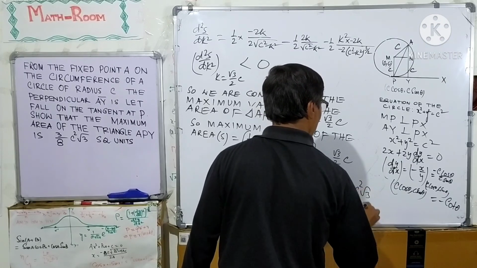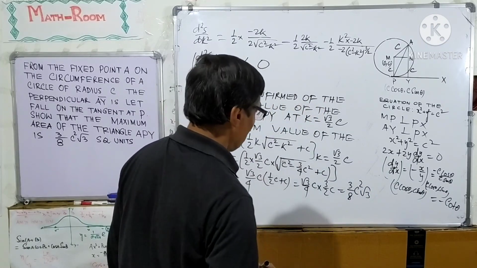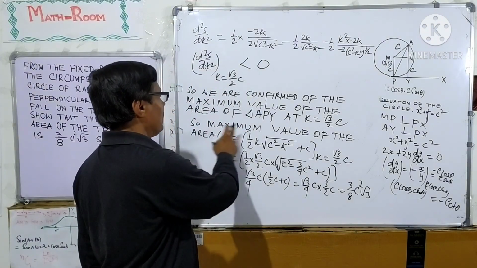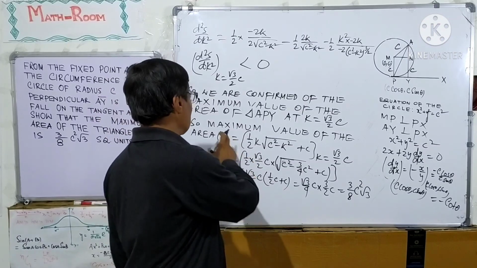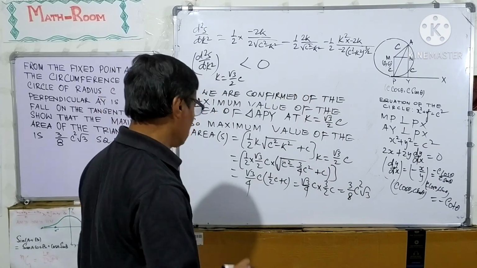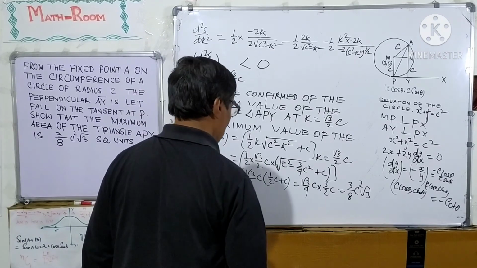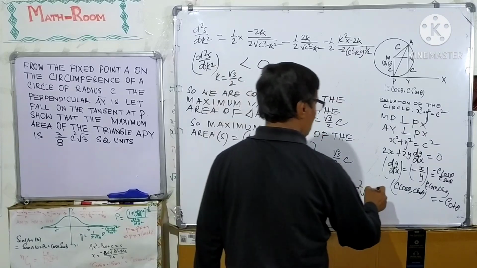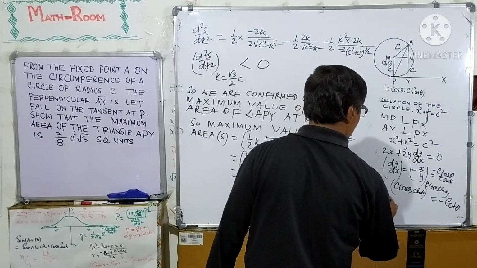This is the value of the area of the triangle APY, the maximum area of this triangle. So, maximum area of the triangle APY is 3 root 3 over 8 c square units.